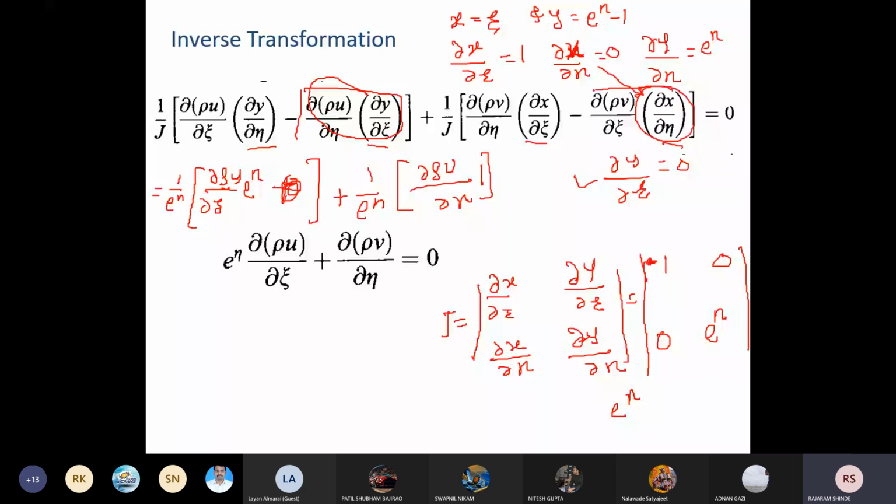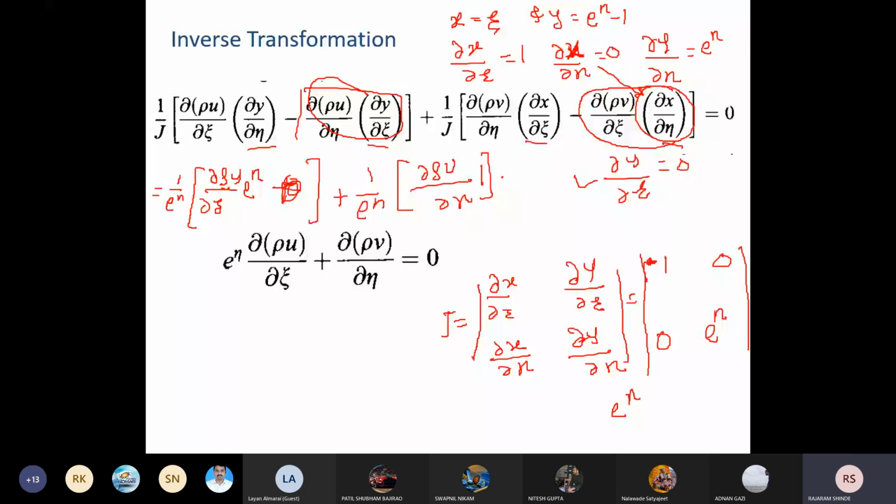Now I will multiply by e raised to eta. Now this will cancel when we move to this side, and you will get e raised to eta dou rho u by dou xi plus dou rho v by dou eta is equal to 0.